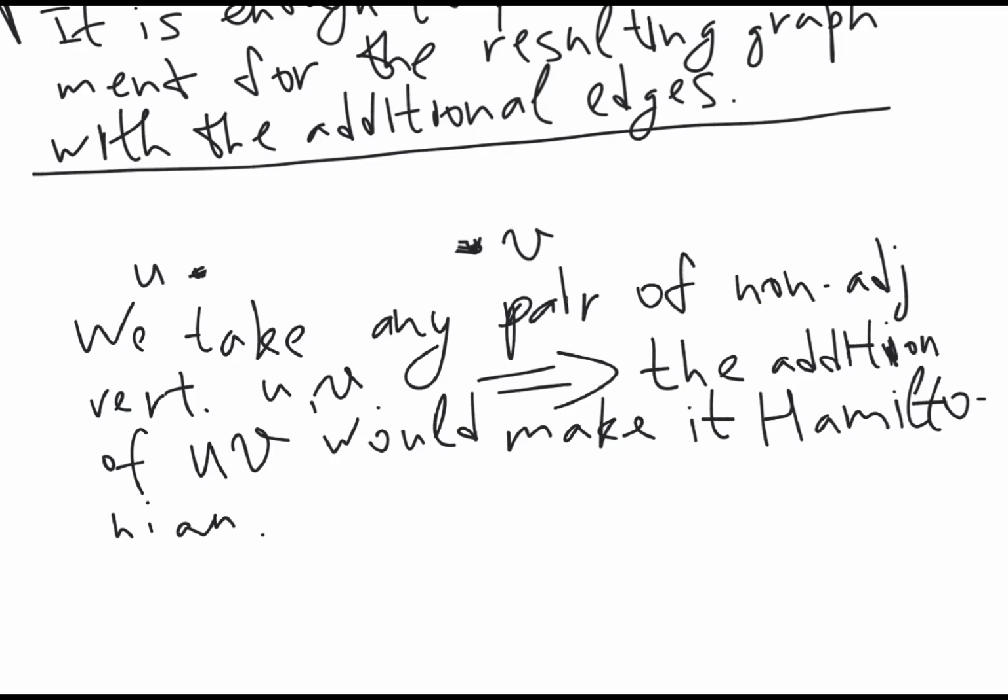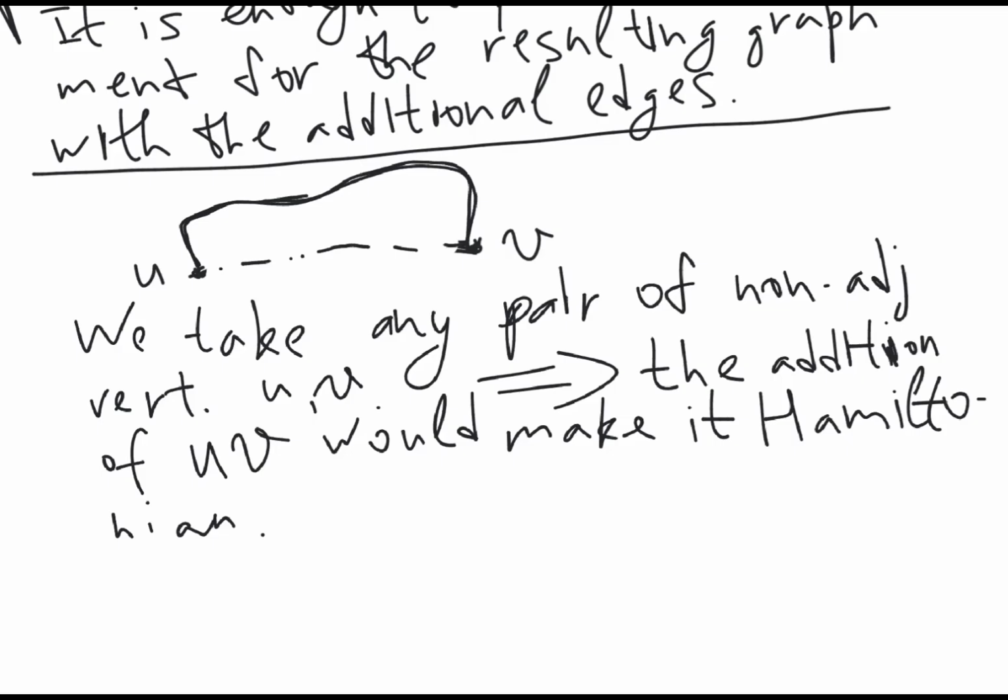Right? But what does it mean? It means that there is a Hamiltonian path from u to v somewhere that passes through all the vertices, and what it is missing in this path is only the edge from u to v.